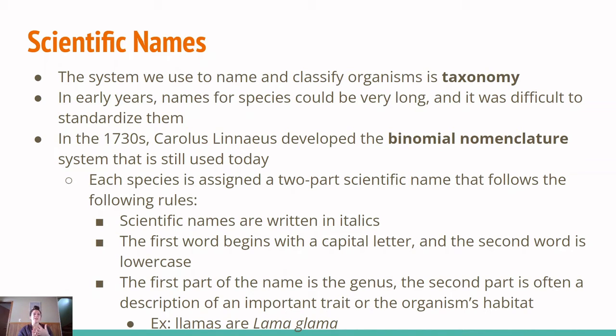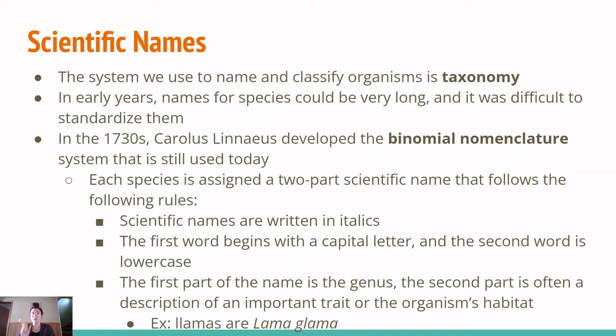And so in the 1730s, Carolus Linnaeus developed a system that we still use today, and that's called binomial nomenclature. Okay? Or you'll sometimes hear it as Linnaean classification, obviously based after his last name. And this is what we still use today to make scientific names for organisms.